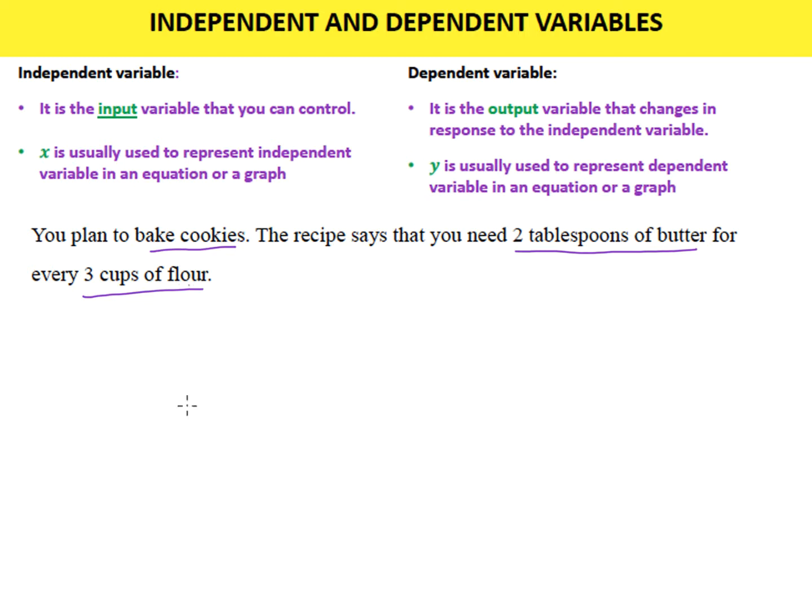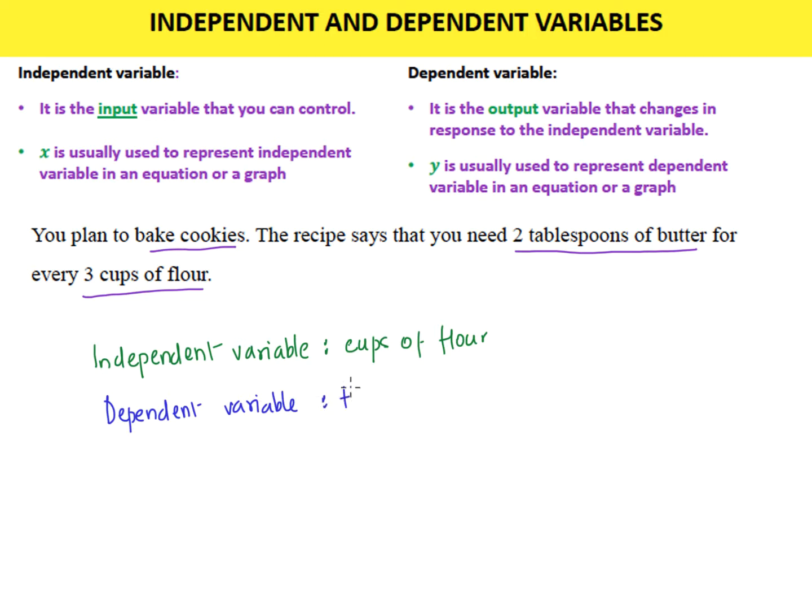So that becomes your independent variable. Your independent variable would be whatever you decide first. In this case, when you're baking cookies, your independent variable would be the cups of flour or amount of flour. And your dependent variable would be the amount of butter that you would use, so tablespoons of butter or just amount of butter.